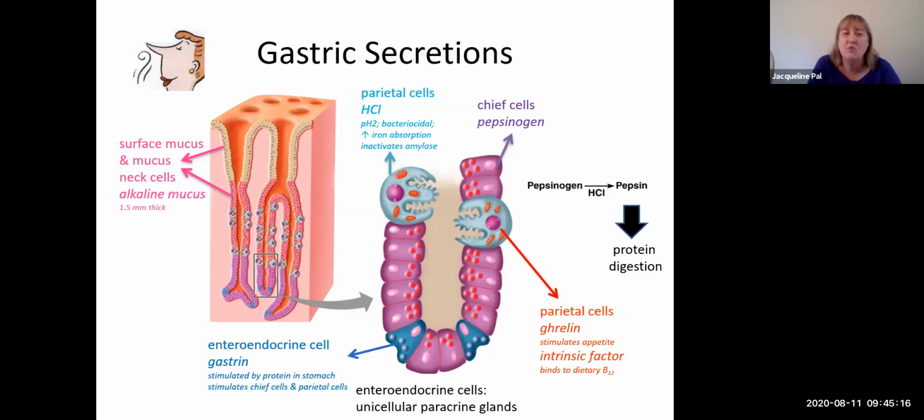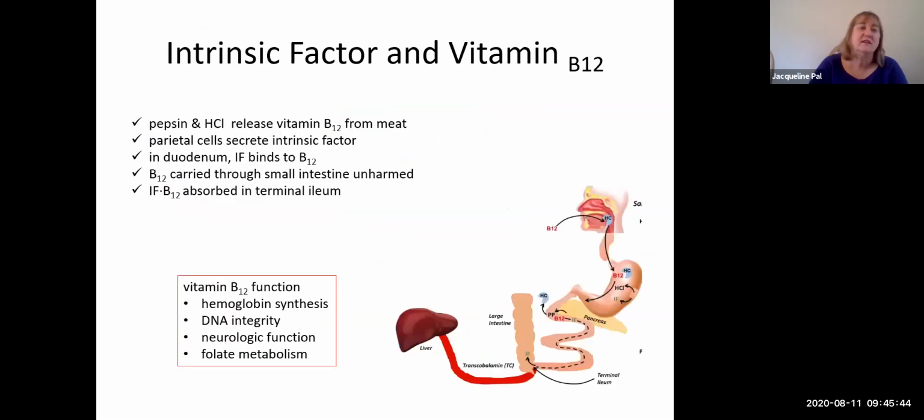That's why you may eat a few bites saying, I'm not hungry, and as soon as you start eating, you realize, oh, I guess I was really hungry. But the more important thing the parietal cell secretes is something called intrinsic factor. Intrinsic factor is a molecule that binds to one of our dietary vitamins, vitamin B12. Let me show you how that works and what its importance is.